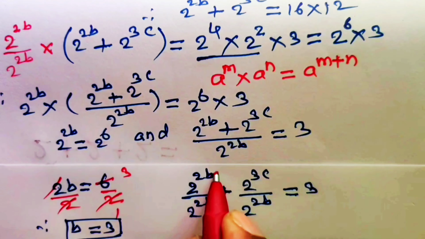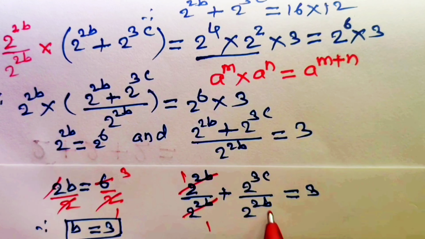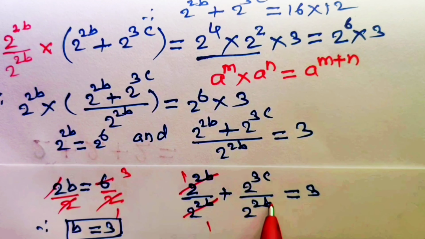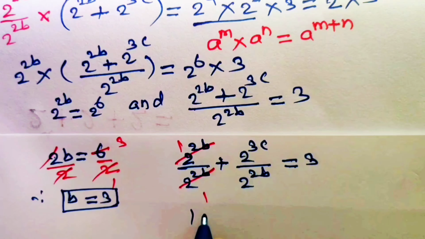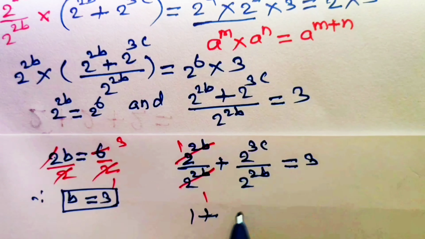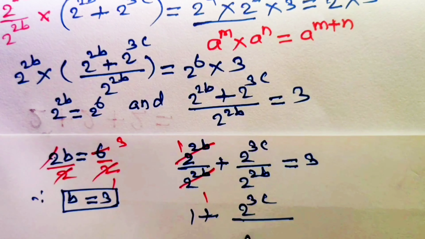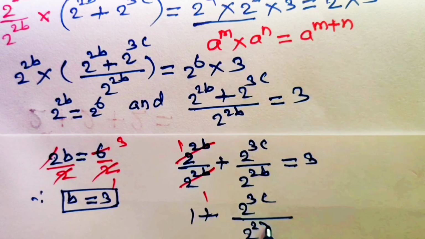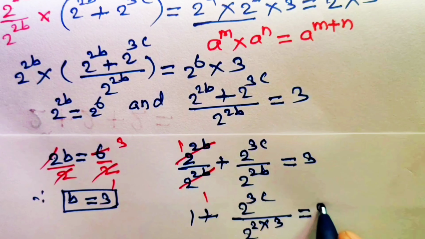Numerator and denominator get cancelled, 1, and you can replace b by 3 here. Hence 1 plus this 2 to the power 3c as it is divided by 2 to the power 2 into b, b is 3, is equal to 3.